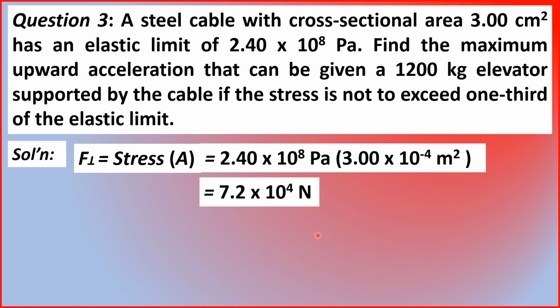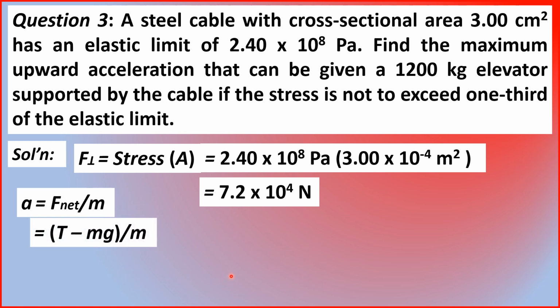Doing our math, we will get the value for the force, all right, equal to 7.2 raised to the 4th power Newton. And we can now calculate for the acceleration, all right, using Newton's second law, a equals F net divided by the mass.